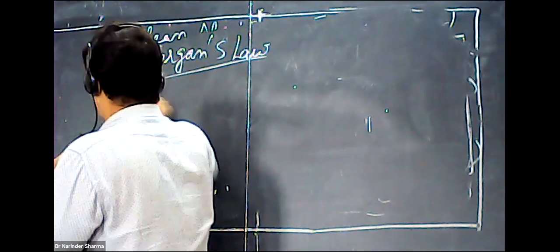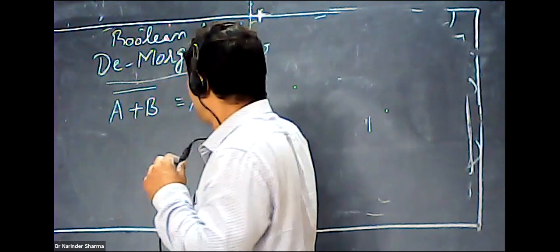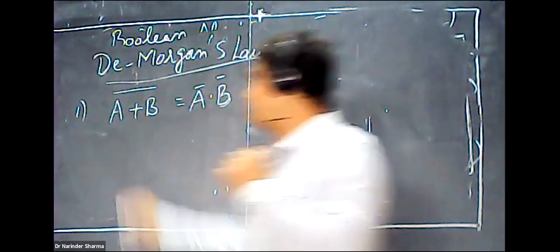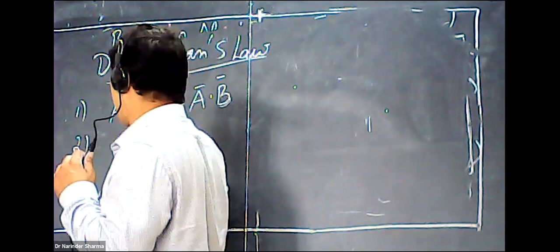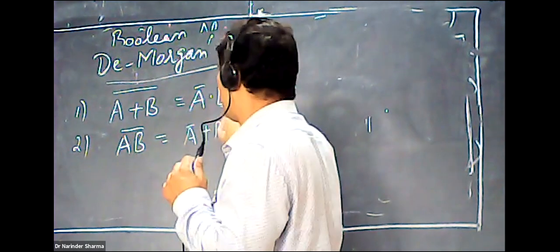So if I write A plus B complement, that is equal to A bar into B bar. This is the first law. If I write A into B complement, that is always equal to A bar plus B bar.